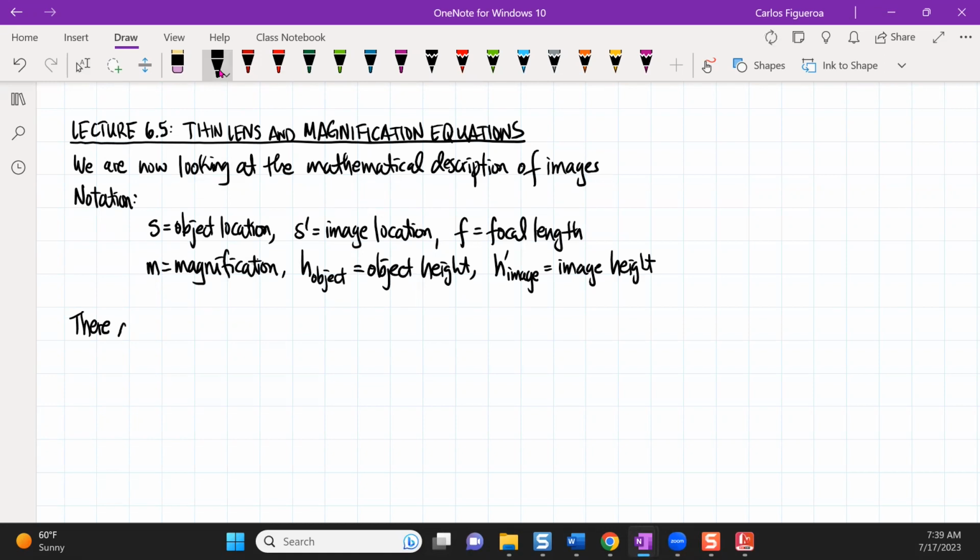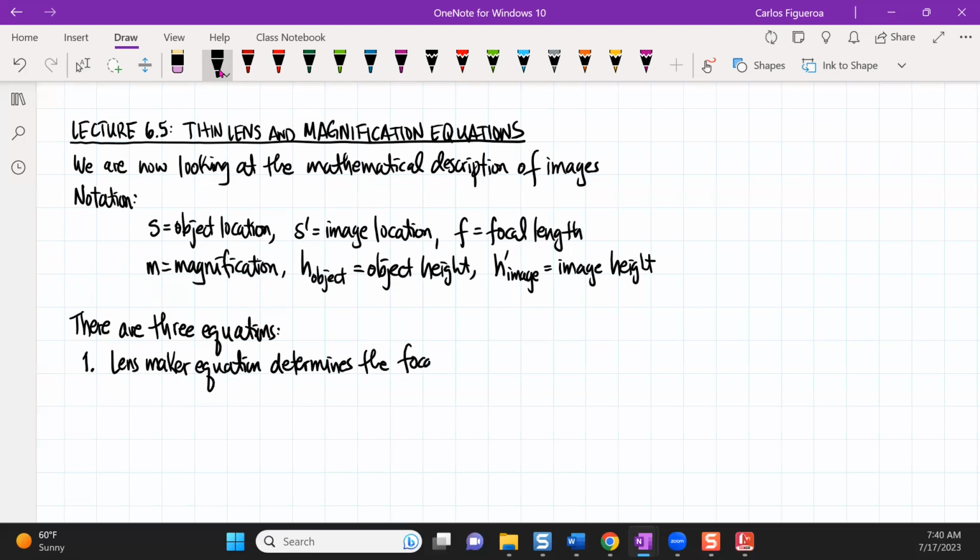There are three equations. The first one we just covered. This is the lens maker equation. And we saw that the lens maker equation determines the focal length.